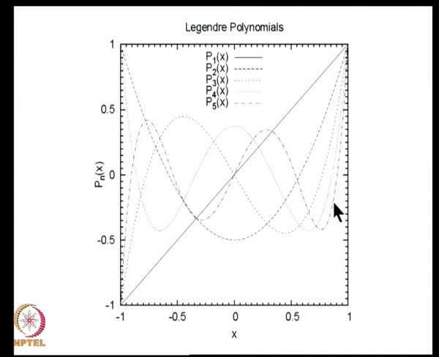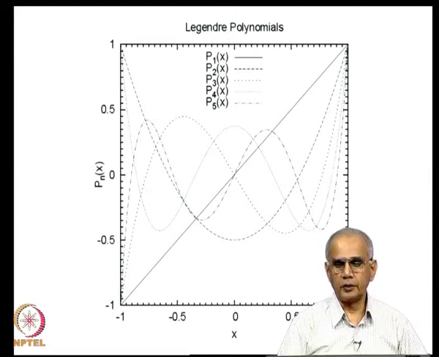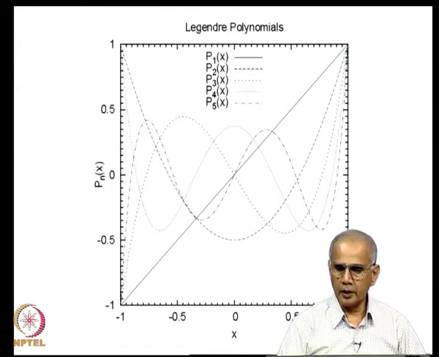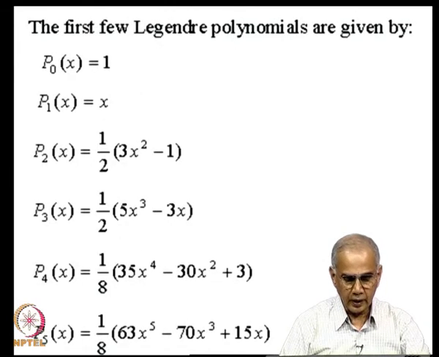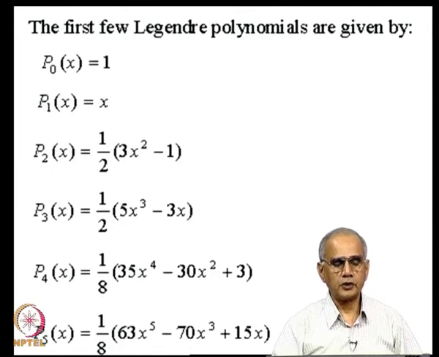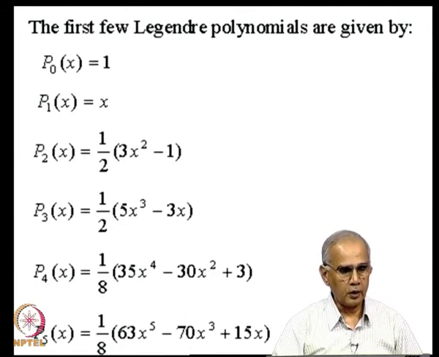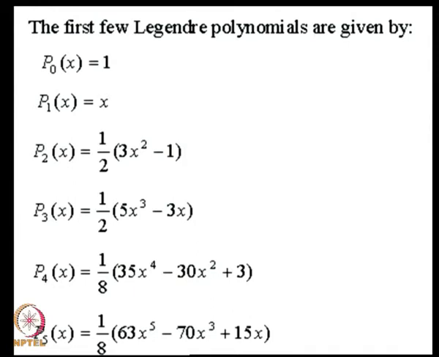So, these are simple algebraic functions which are optimal for this problem. P 0 x is 1, P 1 x is x, and so on. And so, these polynomials are the ones which are used in many problems of this kind.